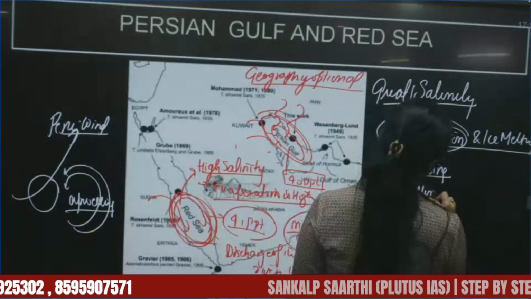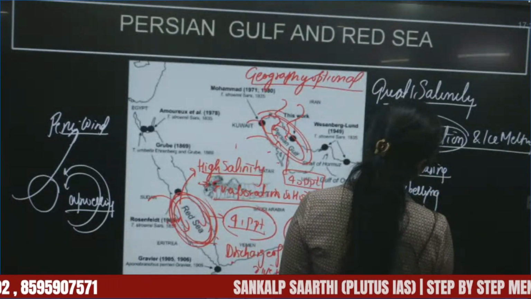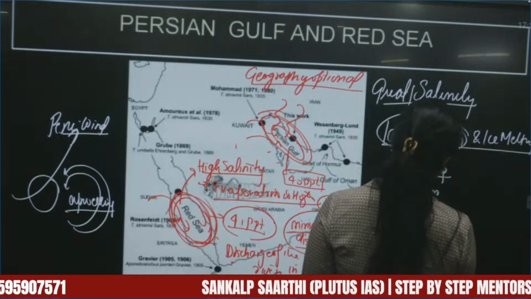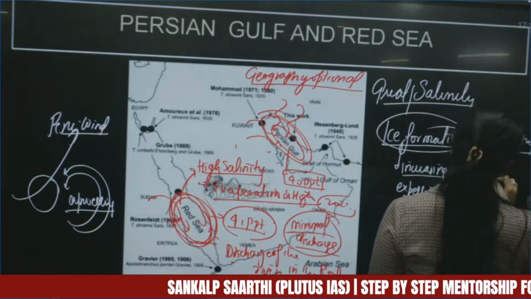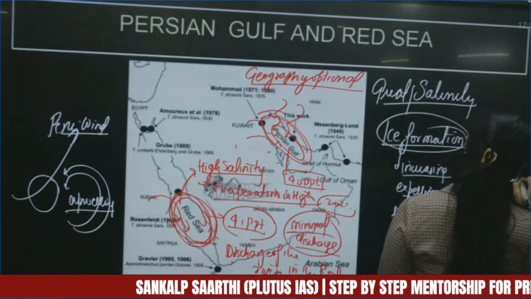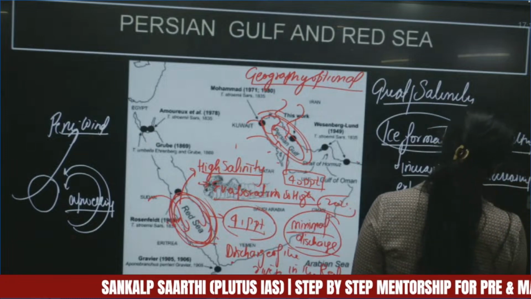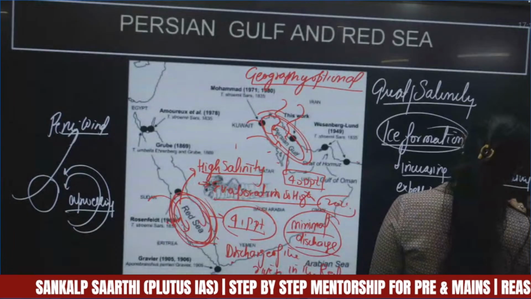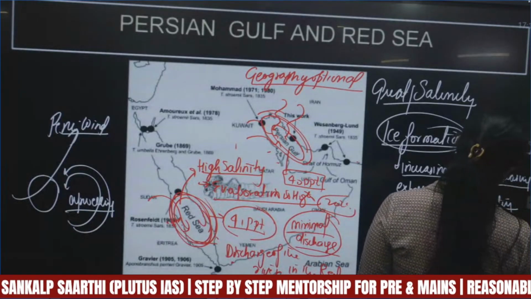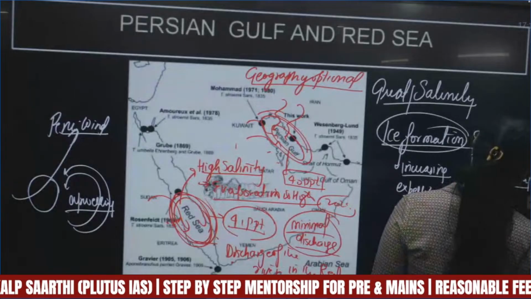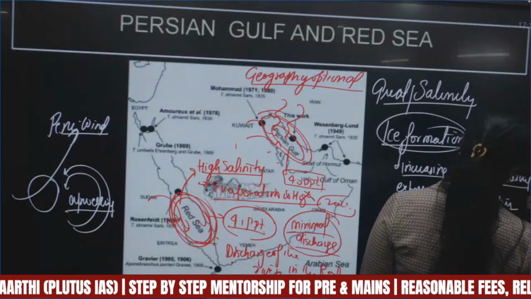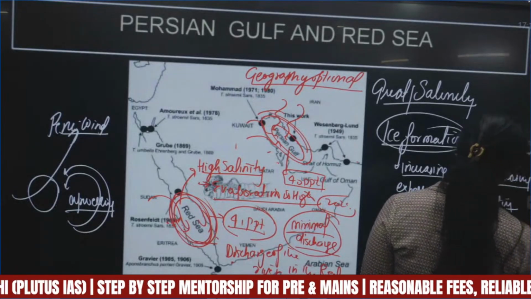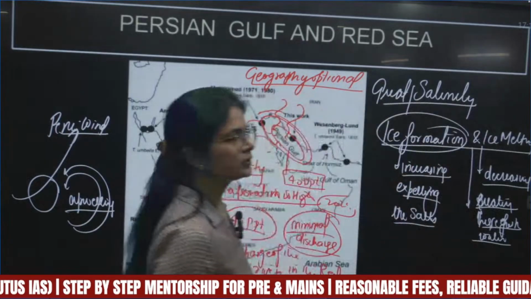On the other hand, ice melting decreases salinity because it creates a huge volume of fresh water which gets mixed up with the ocean. So this is the reason.